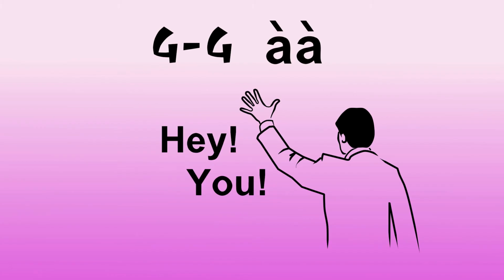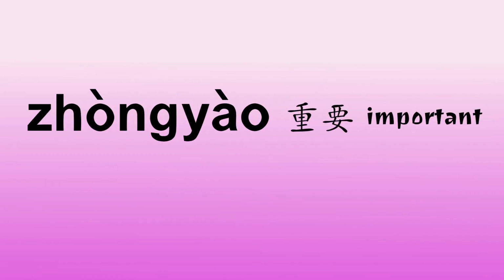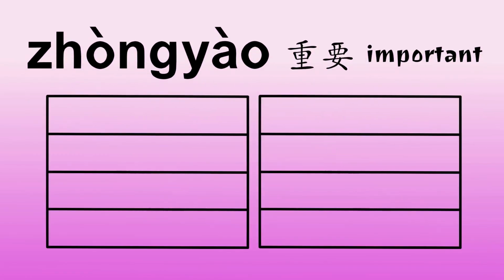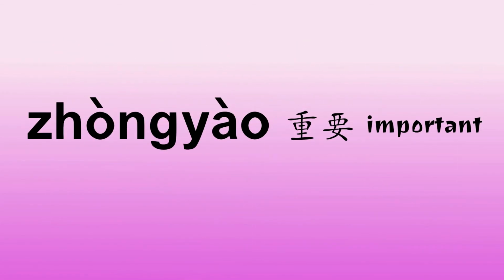The model word is 重要, meaning important. 重要，重要，重要。Try imitating it. 重要，重要，重要。Here are some other 4-4 combos. 世界，这样，看到，社会。And now let's do some more speaking practice.